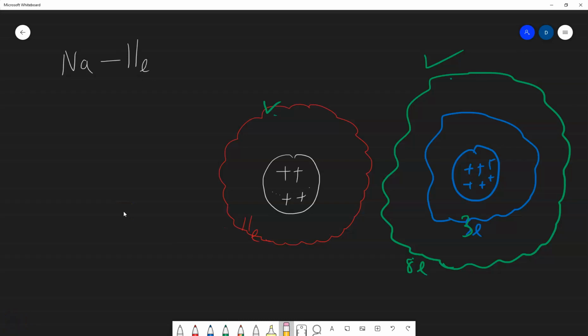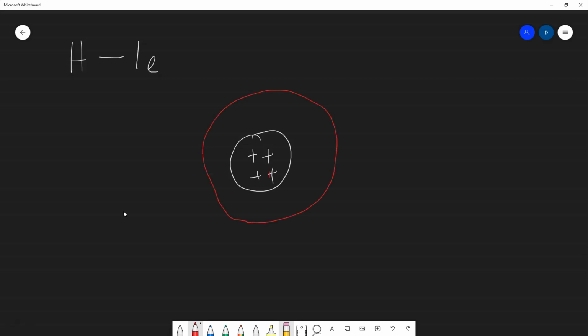Now one more basic question you might ask is, we know that there is a nucleus here. Take for example hydrogen, which has a single electron. Now if you assume that this electron will go around the nucleus exactly at this distance from the nucleus, how long can it keep on going around this nucleus?